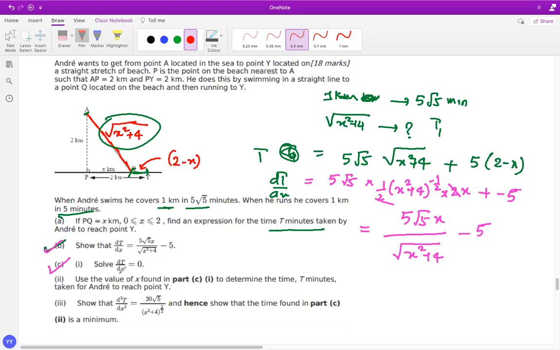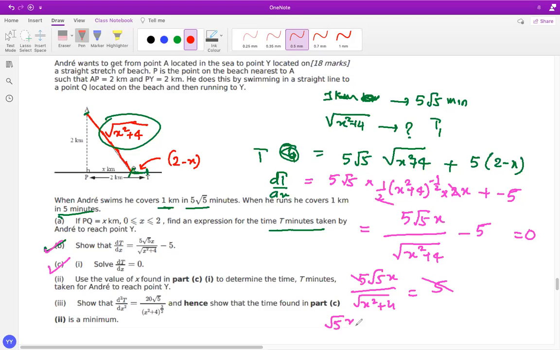Now the C part is that dt by dx equals 0. So equate this to 0 and solve for x. So we get 5 √5 x over √(x squared plus 4) equals 5. This 5 and 5 get cancelled.